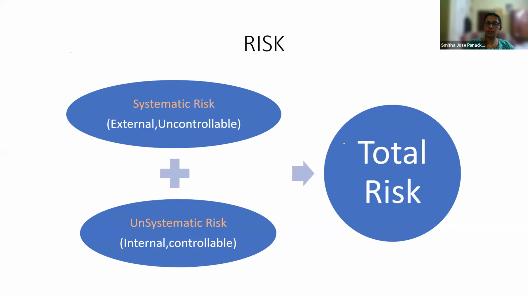How will you measure systematic risk? Which is a notation we use? I told you, no? Hope you remember. Beta. Using beta values, you can measure the systematic risk. If you want to invest in a particular company, you can search for the beta values. Beta values are easily available on the internet, or you can calculate it manually or with the help of Excel.